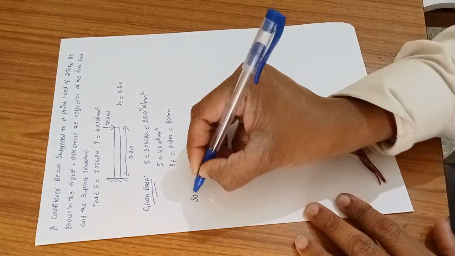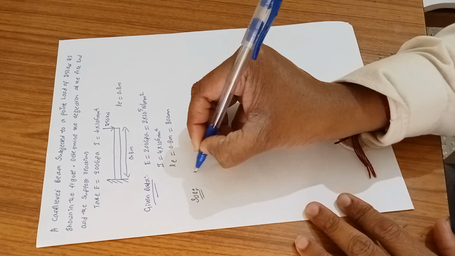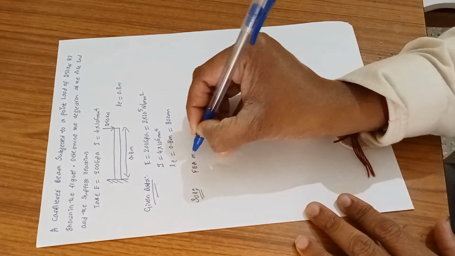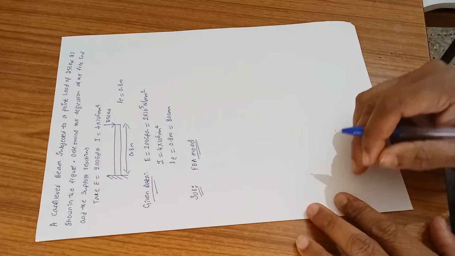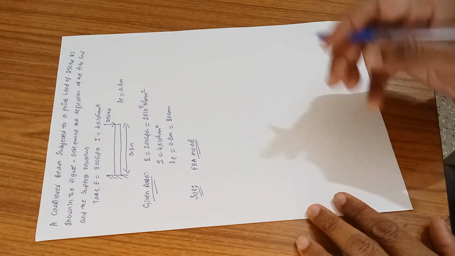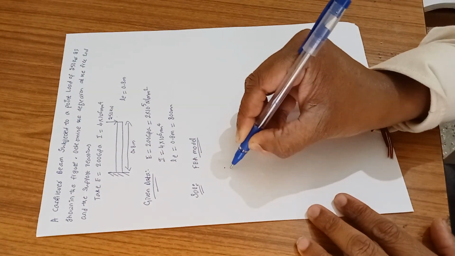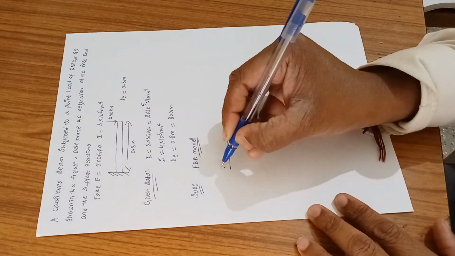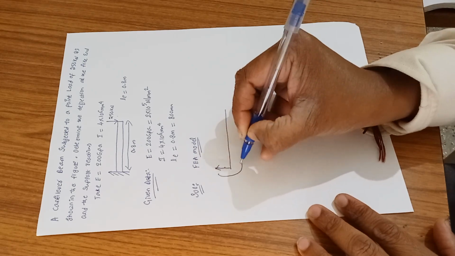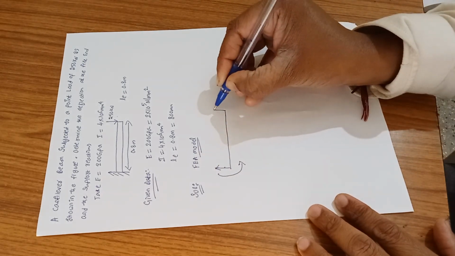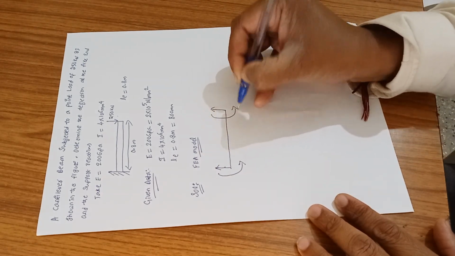Now let's find the solution. The first step is always the FEA model. For the beam, at every node there are two displacements: a vertical displacement and an angular displacement.